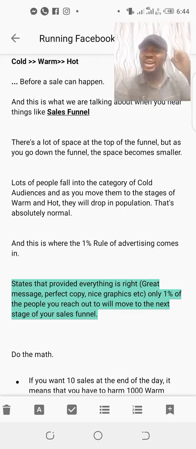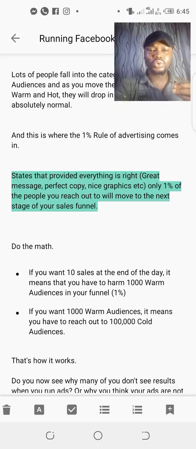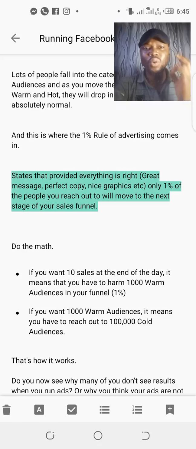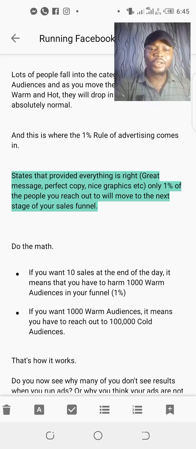So it means for you to be able to get 10 people to buy your product, which is your phone, at the end of the day, you have to have 1,000 warm audiences in your sales funnel.